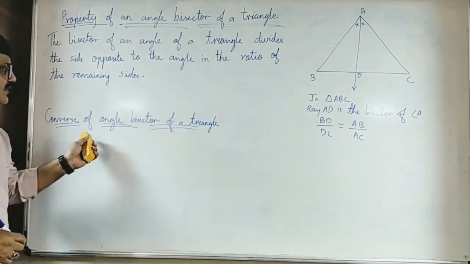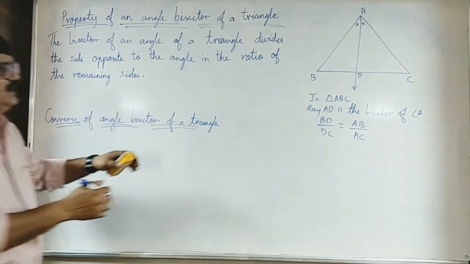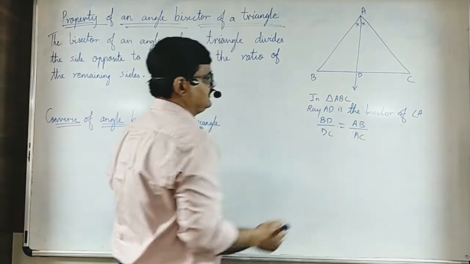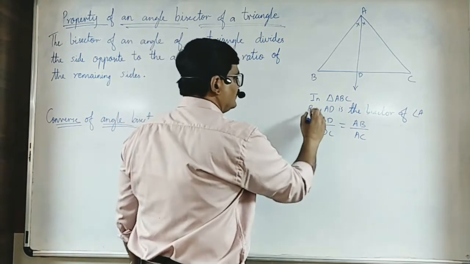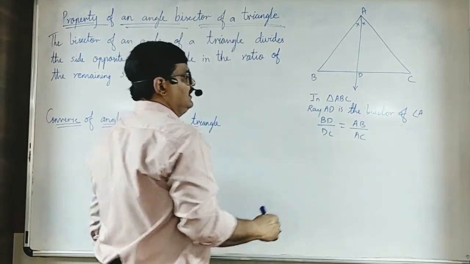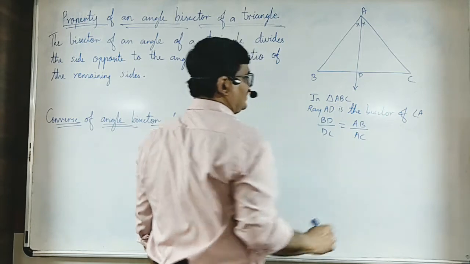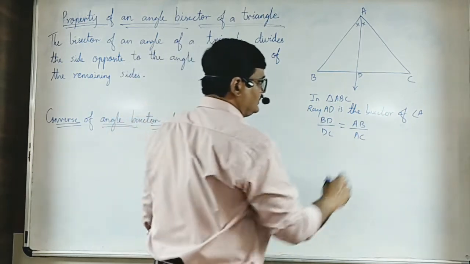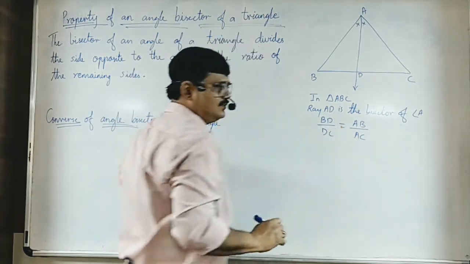Now the next one is the converse of the angle bisector theorem. Converse means everything goes the opposite way. What was given first? Ray AD is the bisector of angle A, and therefore the ratios are equal.